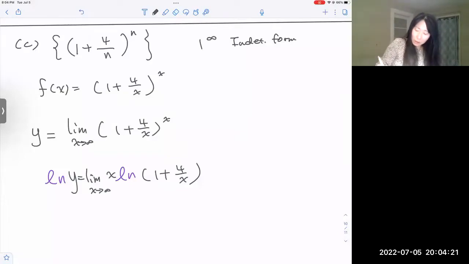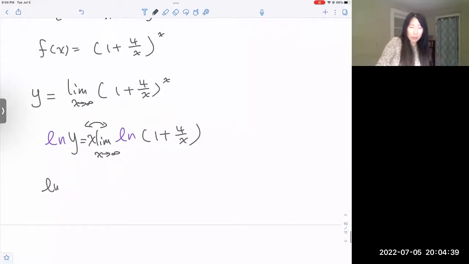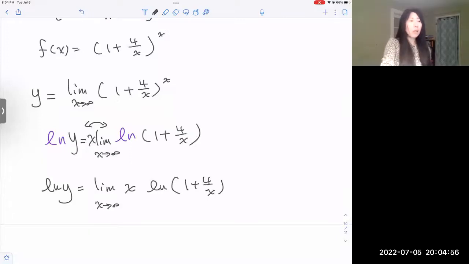Since I made a mistake, let's just follow the steps. Equal to the limit as x approaches infinity. Now I want to change that order, so we will have ln y equal to the limit, and then I want to insert x in there, and then ln of 1 plus 4 over x. Okay. All right. Now what do we do?